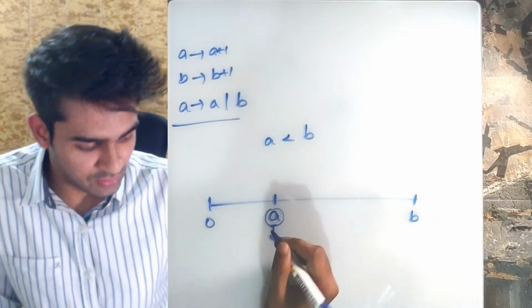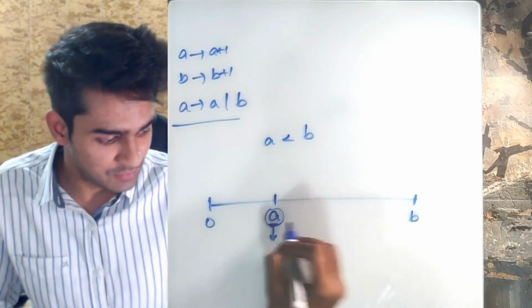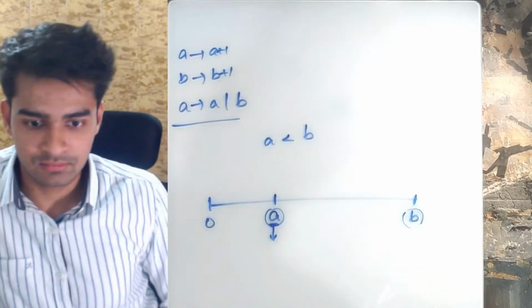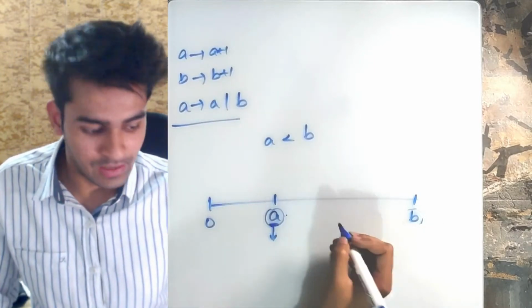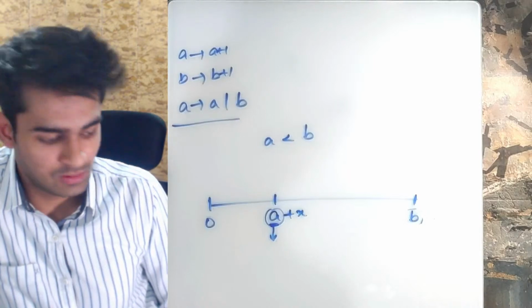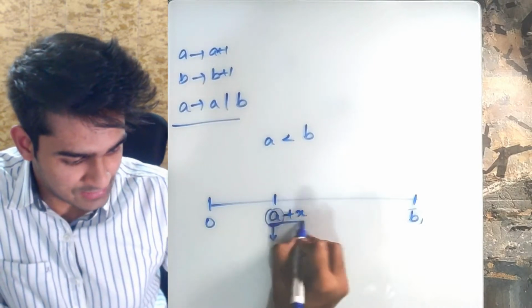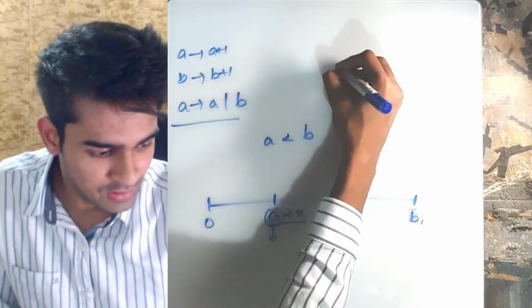Either we can directly, okay, so basically, we know that making an OR of a with b does not actually make it equal to b. What we can instead do is try to add some value. Let's say we try to add some x. If I add x to a, how many operations have I used?